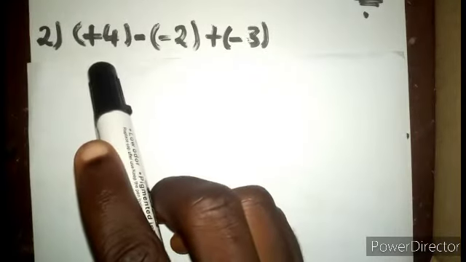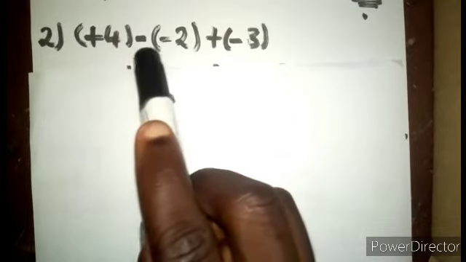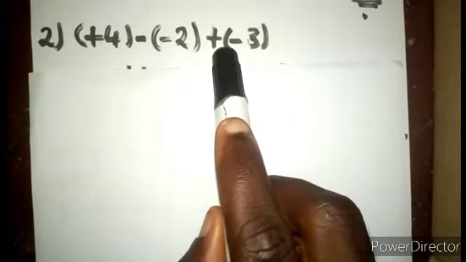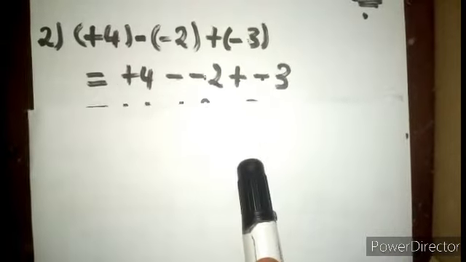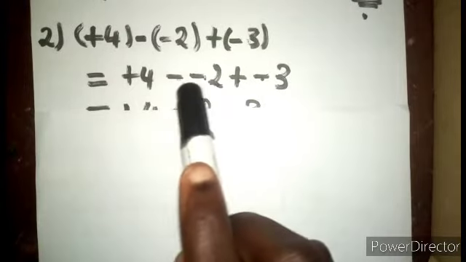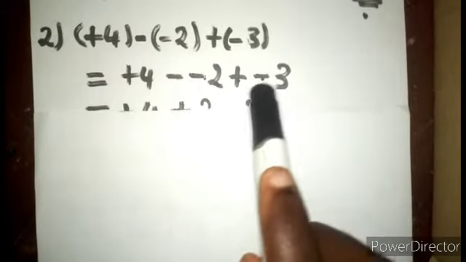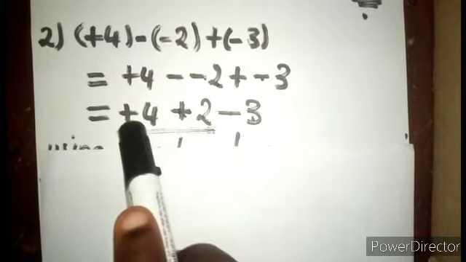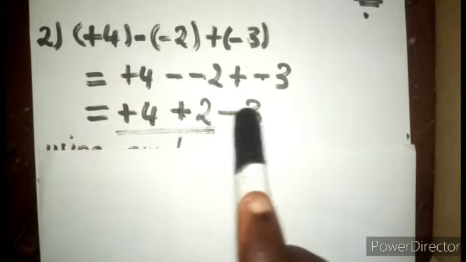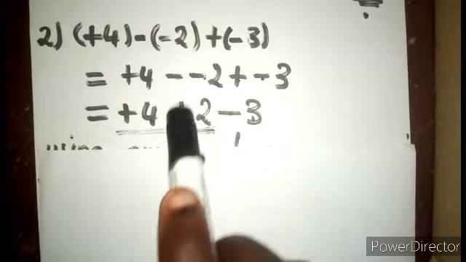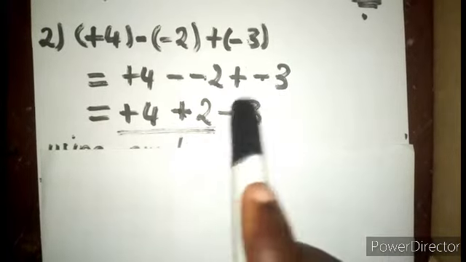Now, the second question is positive 4 minus negative 2 plus negative 3. Opening the bracket, we have positive 4 minus 2 plus minus 3, which is positive 4 plus 2 minus 3. Why? Because minus minus is plus, plus minus is minus.